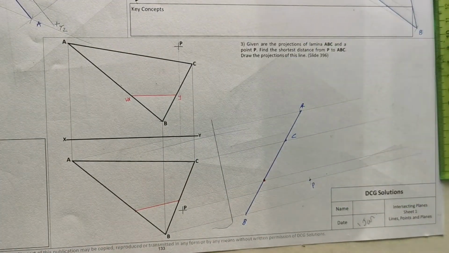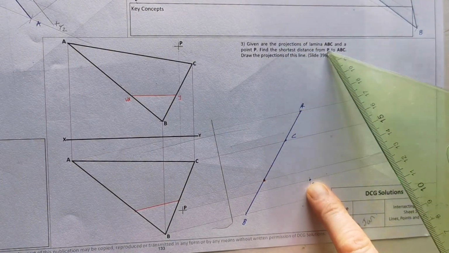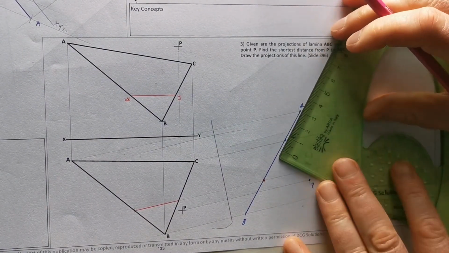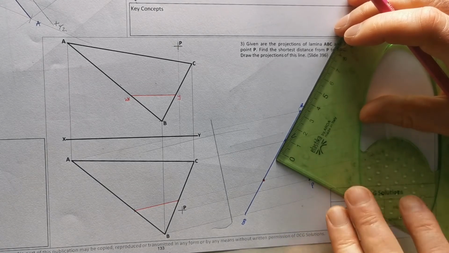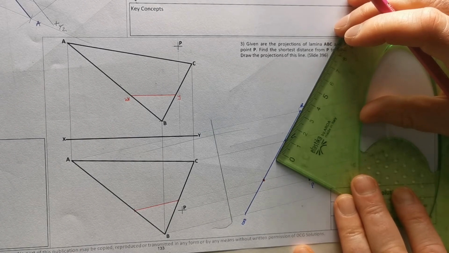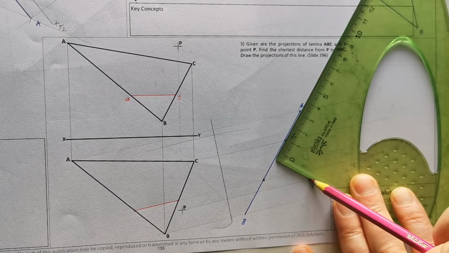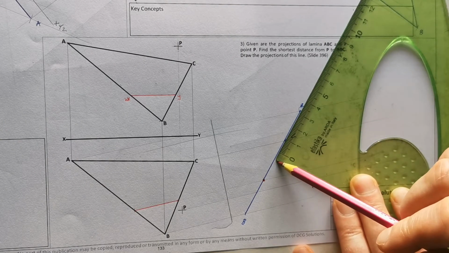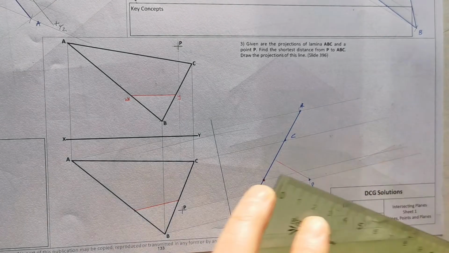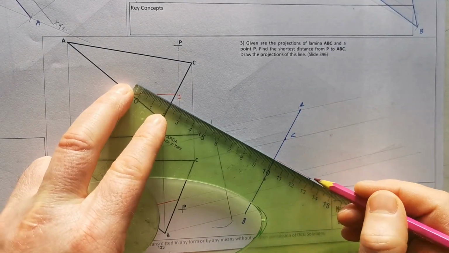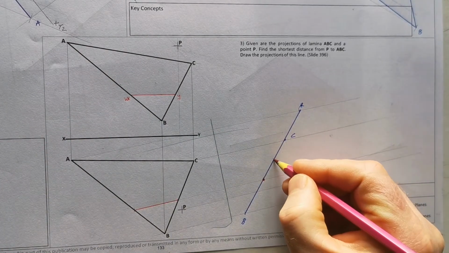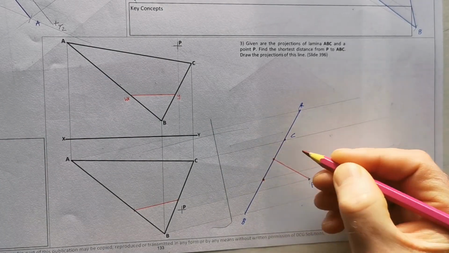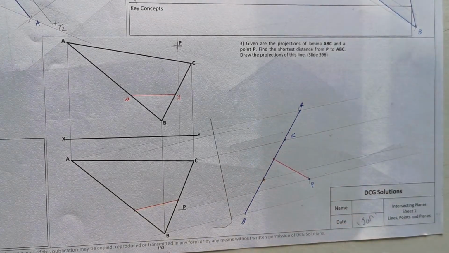So if I wanted to, the shortest distance would be perpendicular to that plane. So that there is my shortest distance.